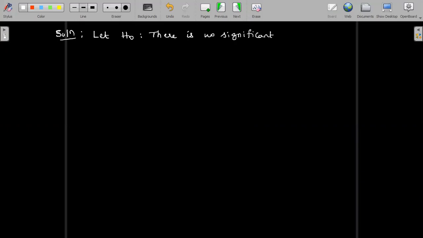So now in the solution, we'll write down, assume H0, there is no significant difference between the means of the test marks.